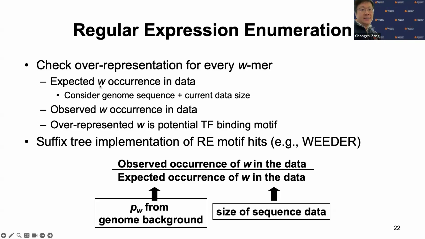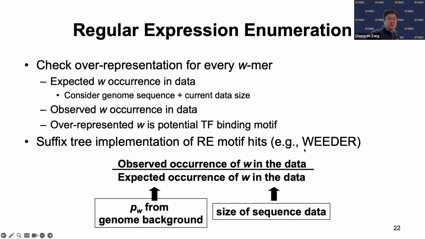For the expected occurrence in the data, we can consider the input data size as well as the genomic sequences, and then the observed occurrence in the data, how many of the DNA sequences this K-mer occurred in. Then whichever type of K-mer, or W-mer, is overrepresented in the input data compared to the background will be considered as a potential binding sequence motif in this input data set.